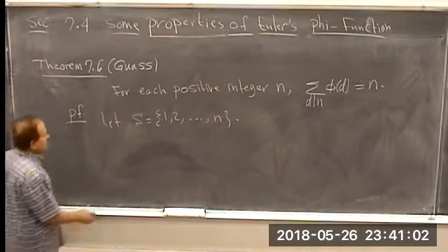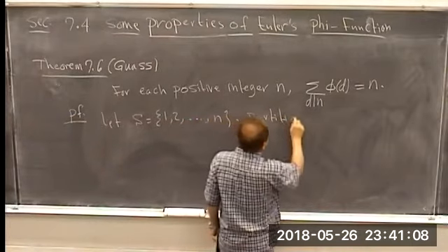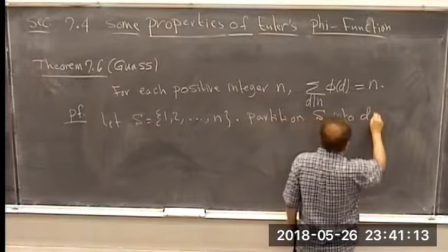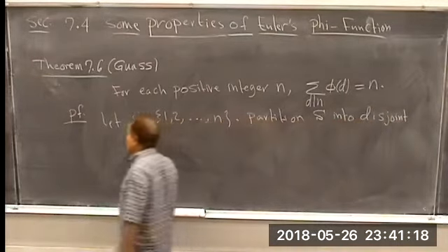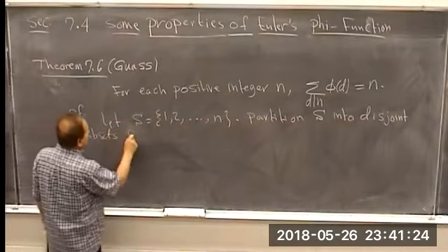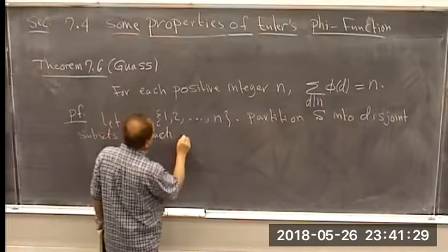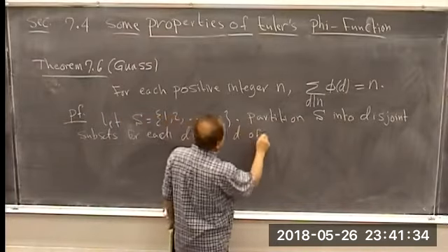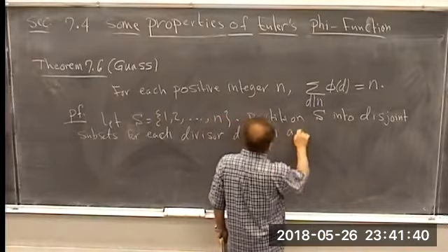Then we get a partition of S into disjoint subsets, one for each divisor d of n, as follows.